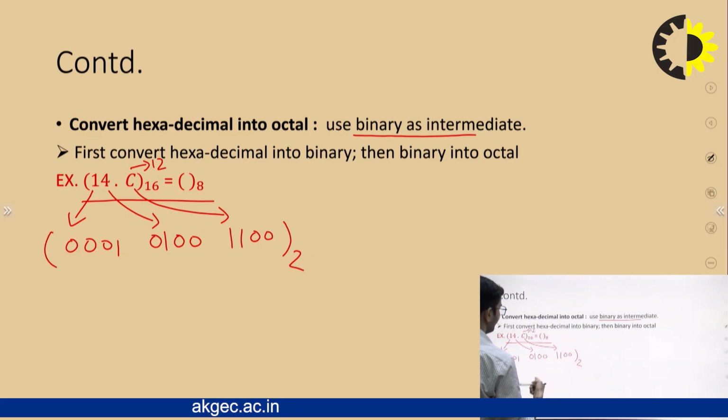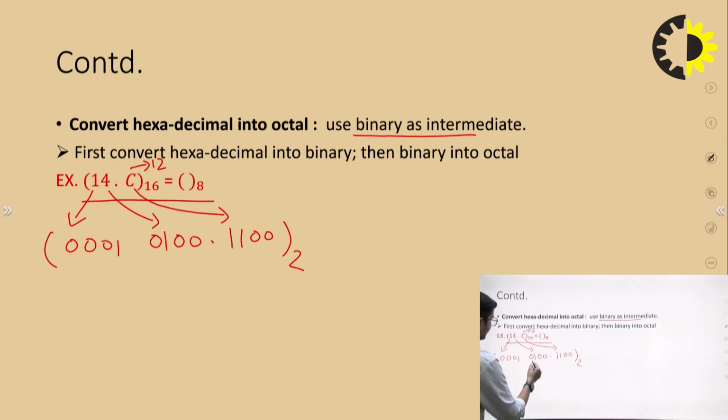So from binary we now take the pair of 3 bits for the octal, because octal is represented by 3 bits. These 3 bits can be grouped together, and here 2 bits are left, so we can append 0 here.